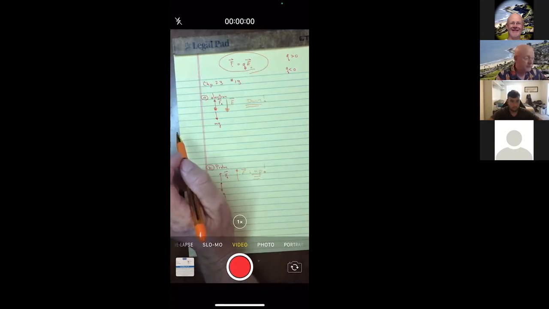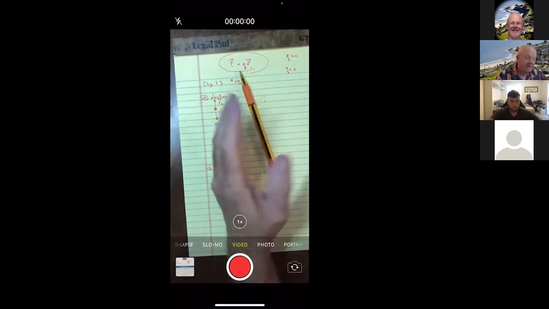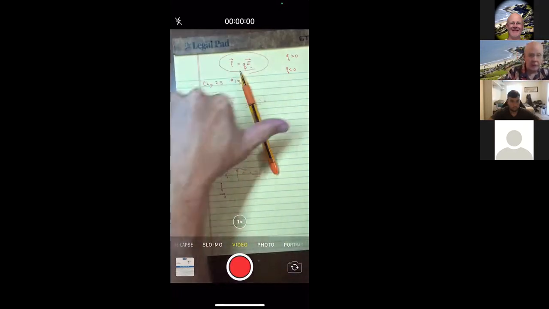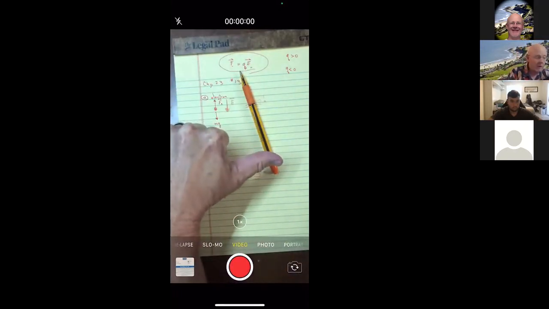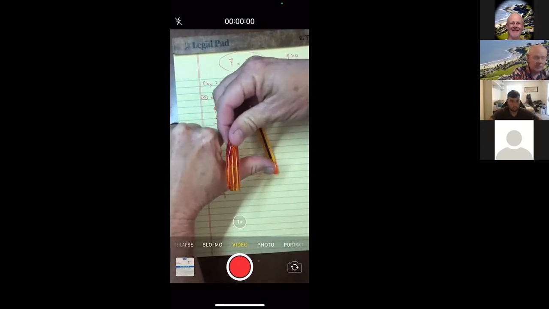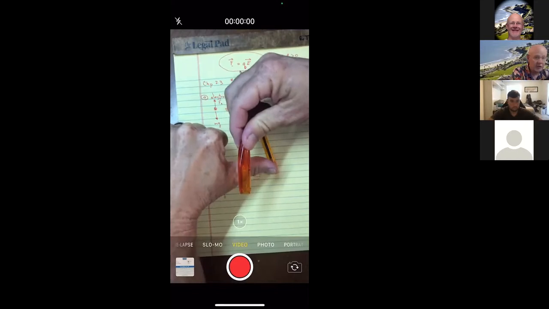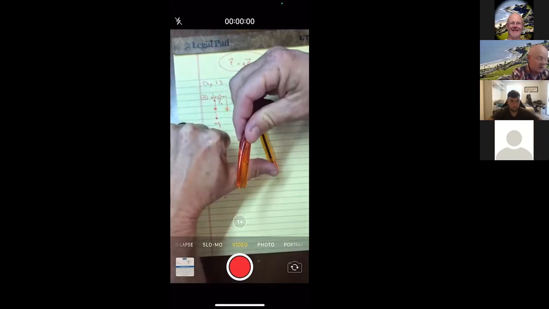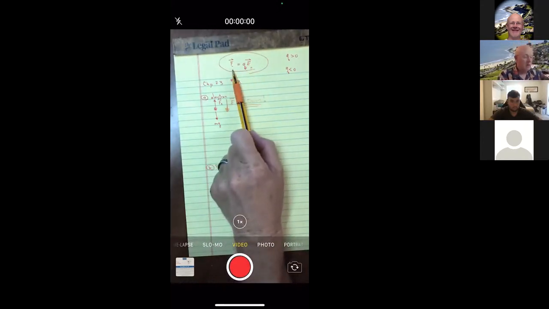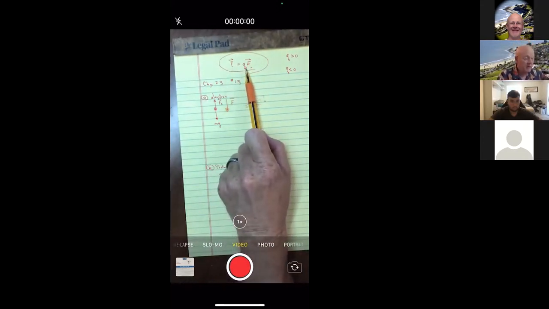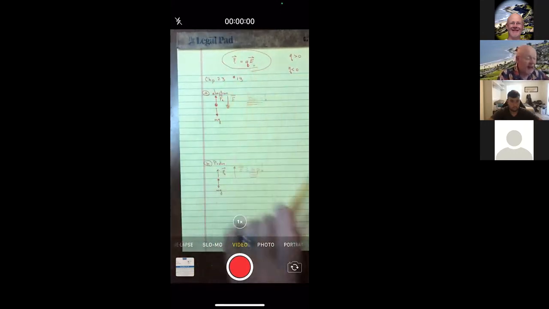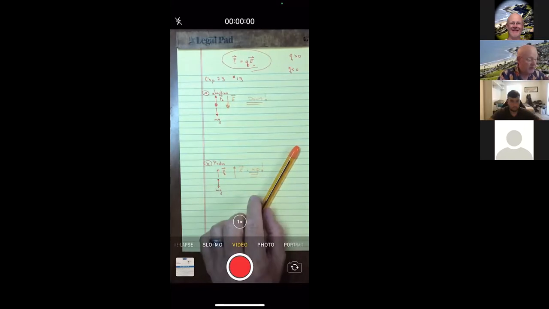So if you had a field, say, to the right on the screen, and you put a charge there, and the charge is positive, it would move to the right, but if the charge is negative, it would move to the left. So the direction of the force is different for a positive compared to a negative, opposite directions. So that's what that math is saying here, and that's the realization.